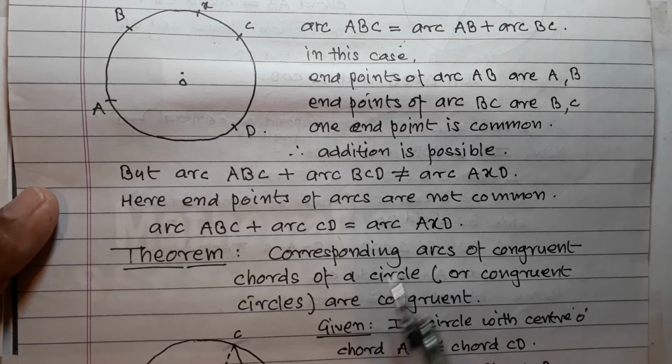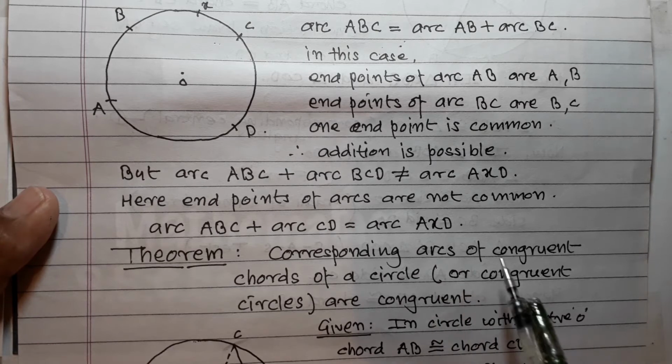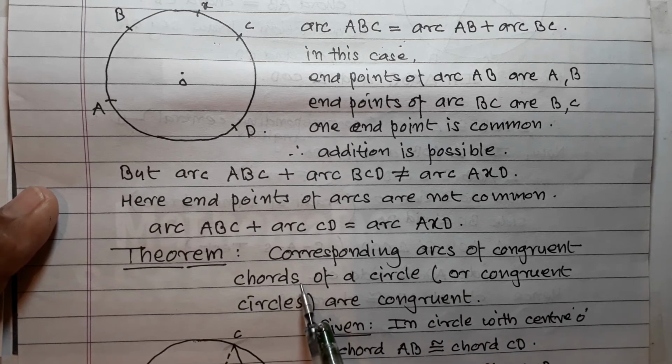It means if two chords are given and they are congruent, then the corresponding arcs are also congruent.